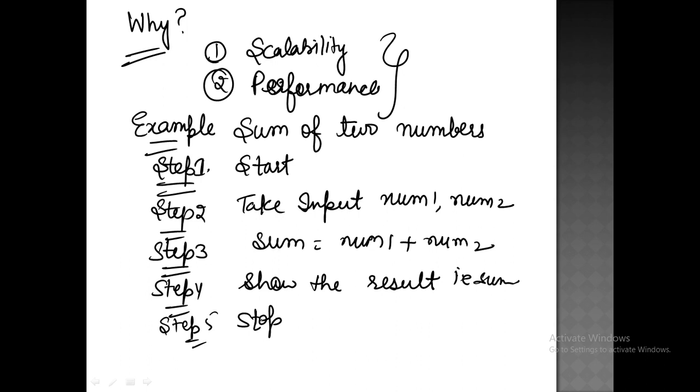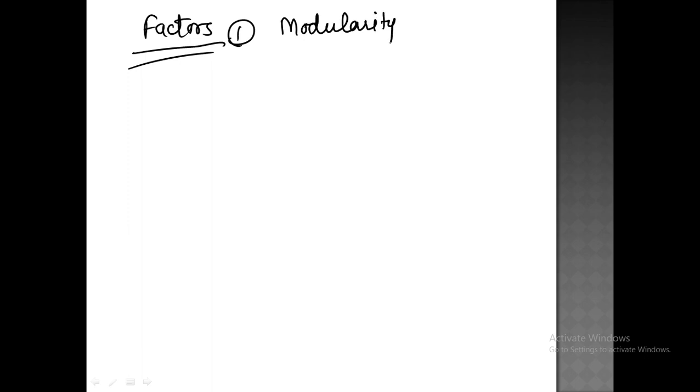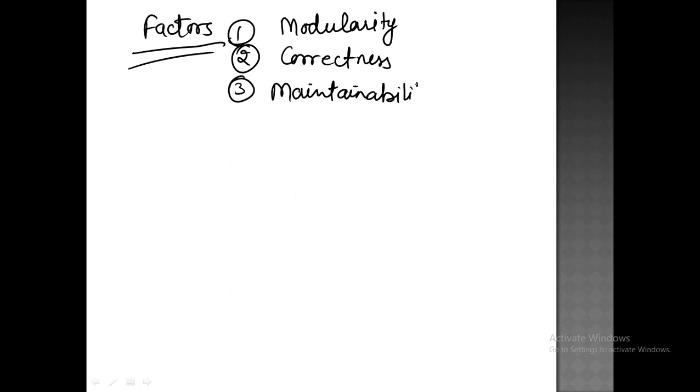Now next point is, what factors of an algorithm do we need to consider for designing an algorithm. Factors we should consider. First factor, modularity. Second, we should consider correctness. Then maintainability. Fourth, functionality.